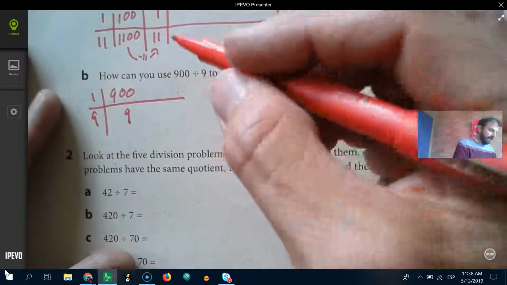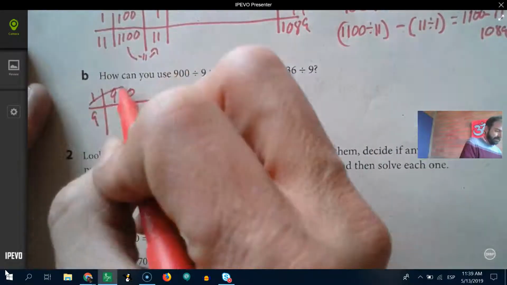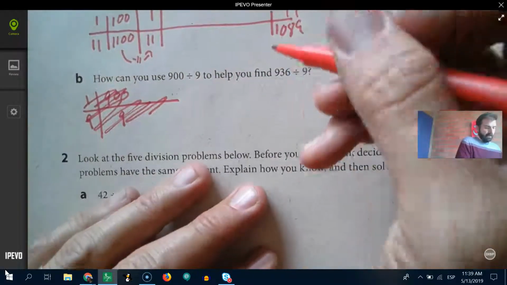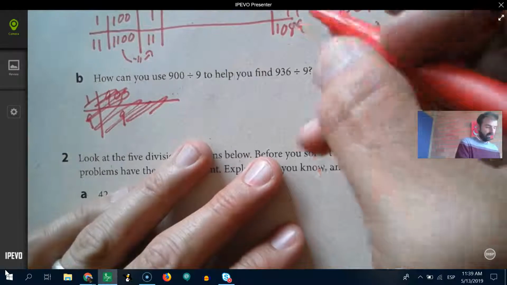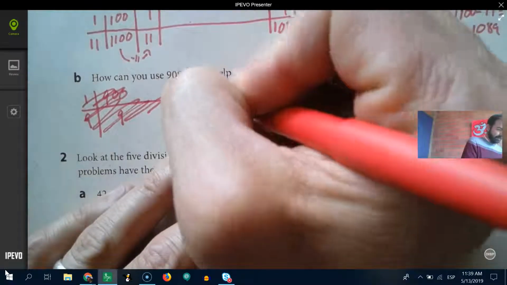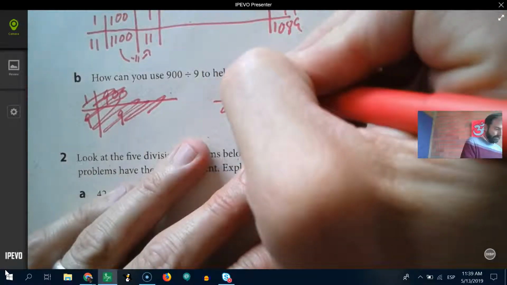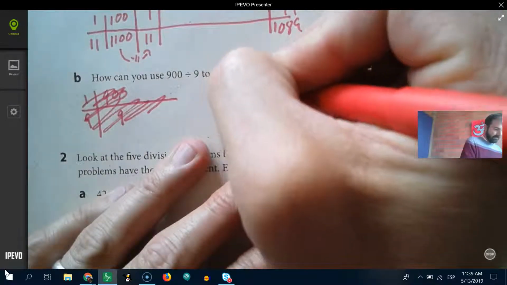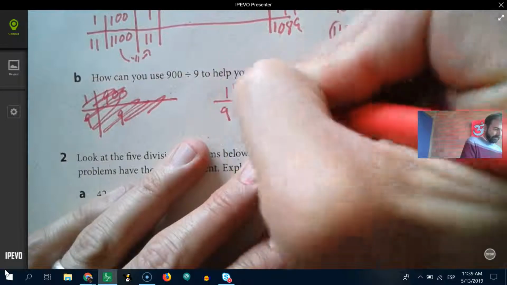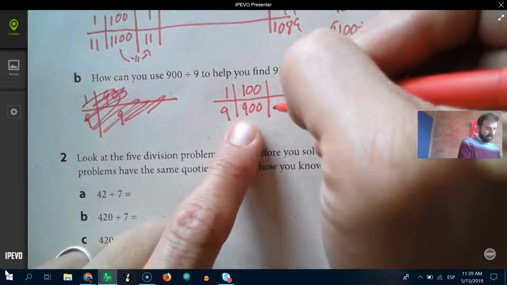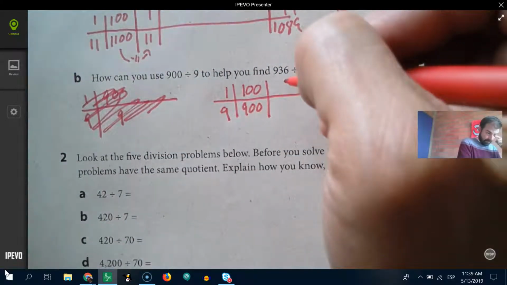Wait, did I do that backwards thing again? I'm sorry. Okay. So here, for every one group I have 9. I know that if I have 100 groups, that's going to give me 900. So 900 divided by 9 is 100.